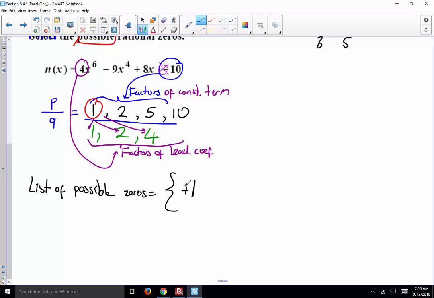But not only 1, also consider the opposite sign as well. It could be -1 if one of them is negative, because I left out the negative sign when I'm considering this division. So these numbers P or Q may have negative options as well. So once you have a candidate, put plus and minus.